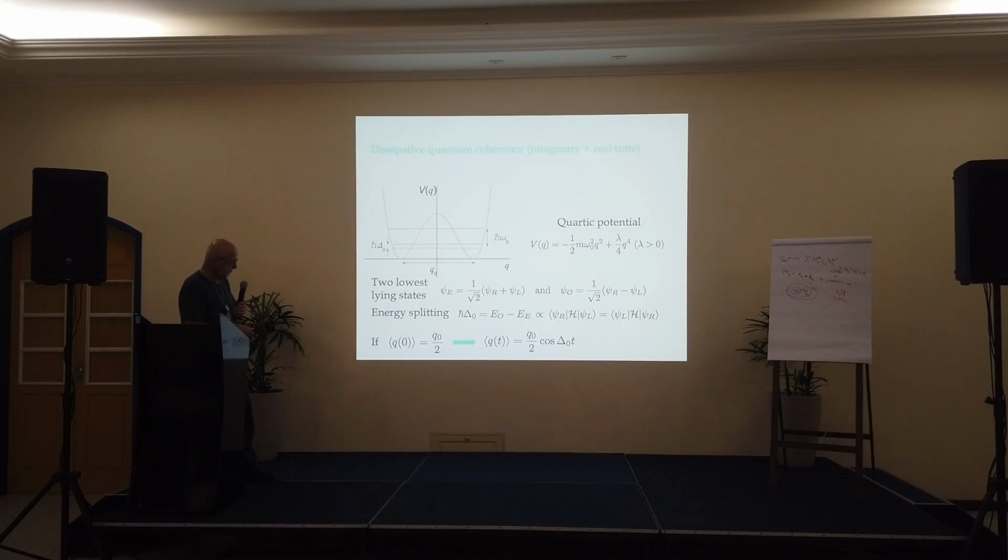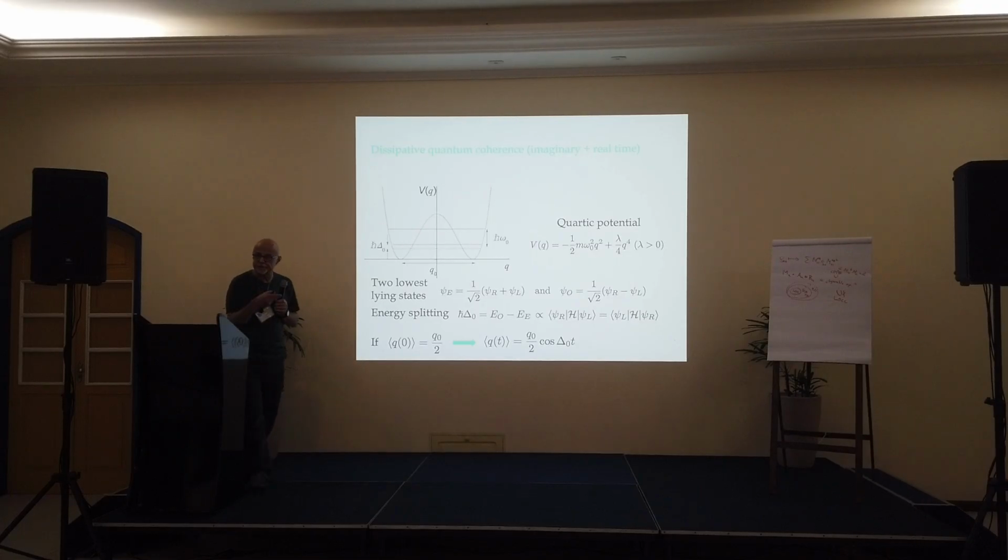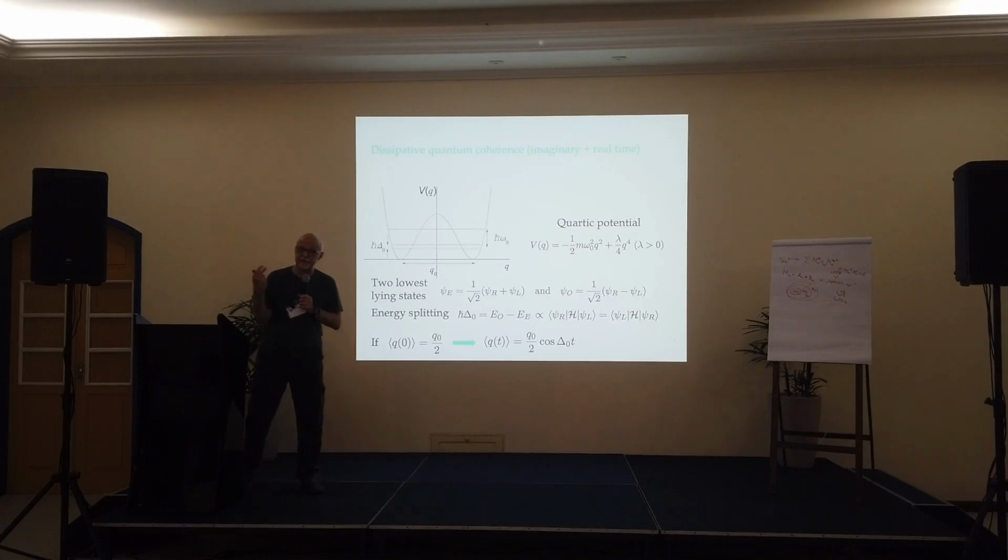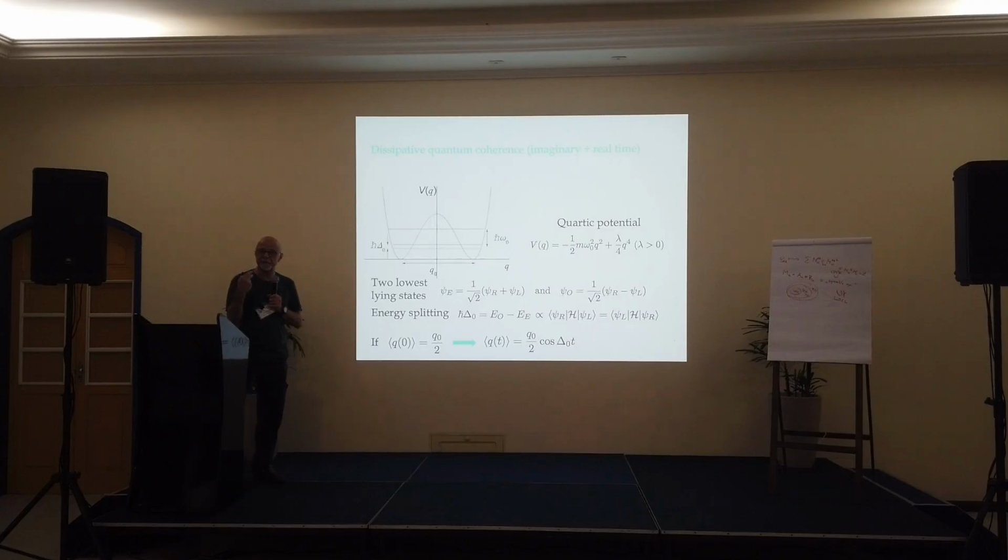This delta is exponentially small. Delta zero is exactly the splitting here. Then we can ask what happens if I prepare my system here coherently. It will oscillate coherently between right and left.